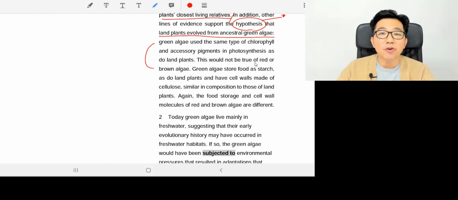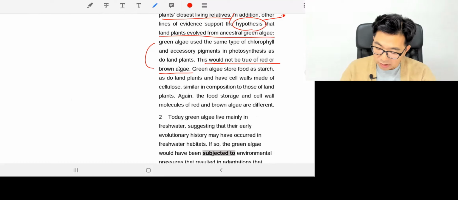This would not be true of red or brown algae. It's another reason. Red or brown algae, however you want to pronounce it, both are correct, don't have this feature. So they are not seen as ancestors of plants.